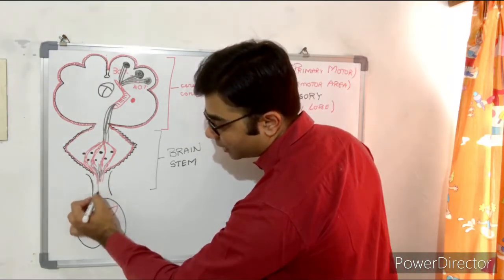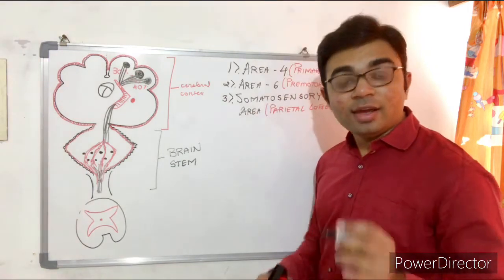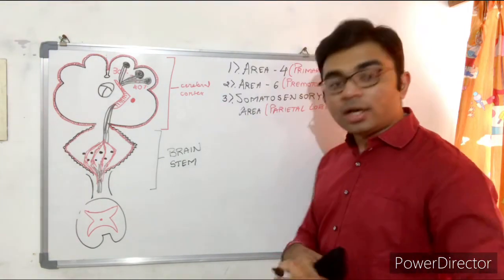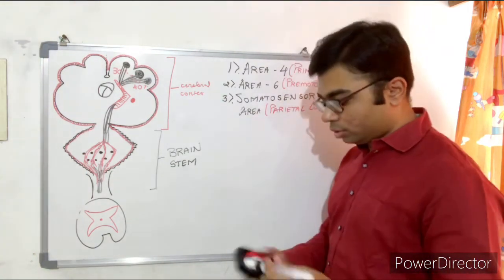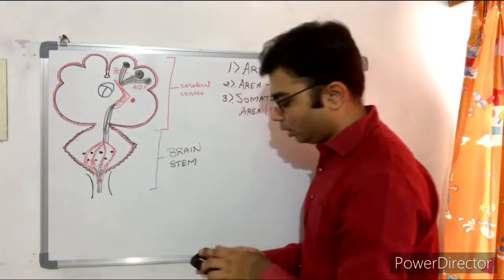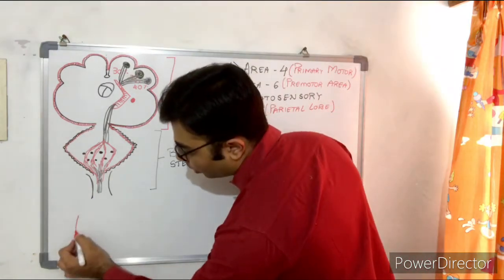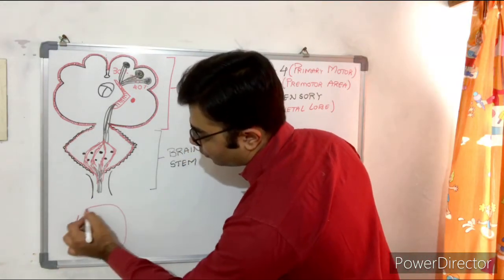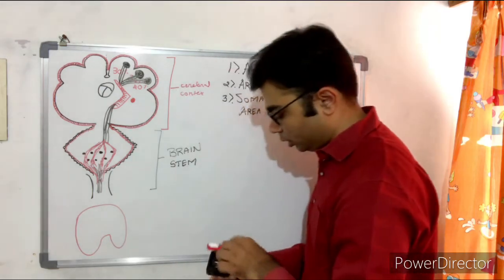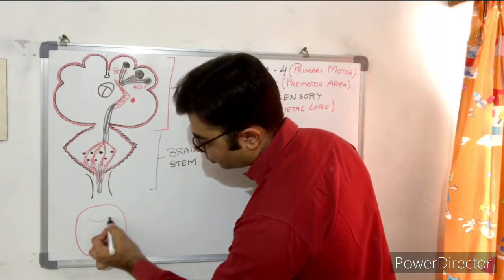And as it passes downward, at the lower border of the medulla oblongata, they are again divided. So let me draw a small diagram. At the lower border of the medulla, this is the section of the spinal cord, and let me show now the unequal division of it.